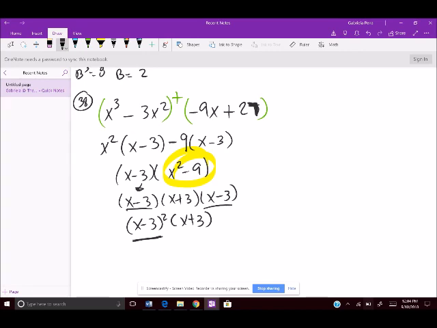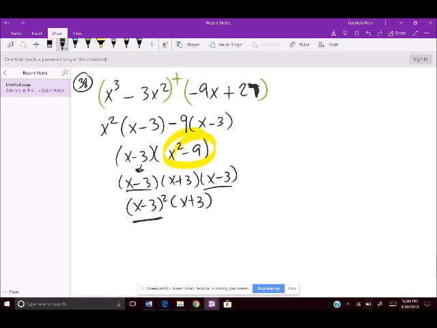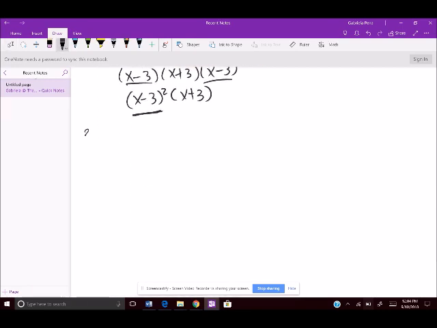So let's look at 39. 8x cubed minus 64. So anytime you see a cube, right away start thinking it's a difference of cubes. Can I take the cube root of 8? Yes. Can I take the cube root of 64? Yes.